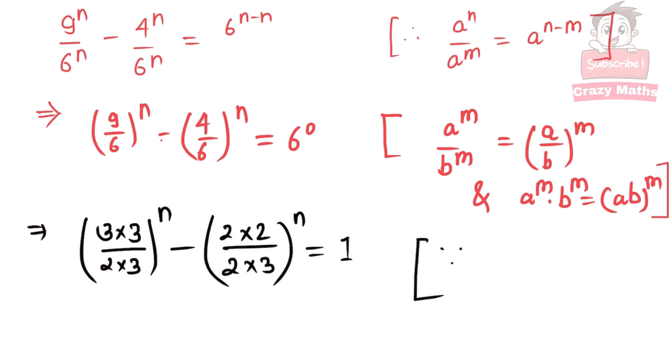Any number power 0 equal to 1. X power 0 equal to 1, and 9 equal to 3 into 3, 6 equal to 2 into 3 and 4 equal to 2 into 2.